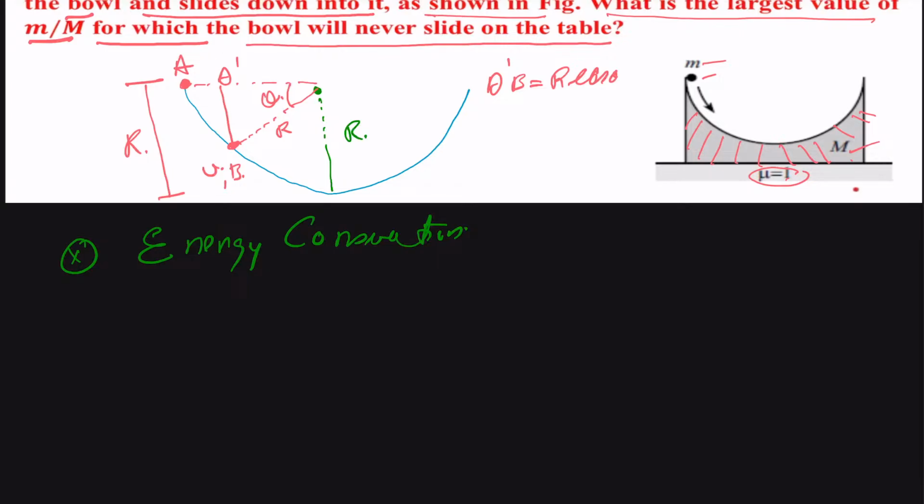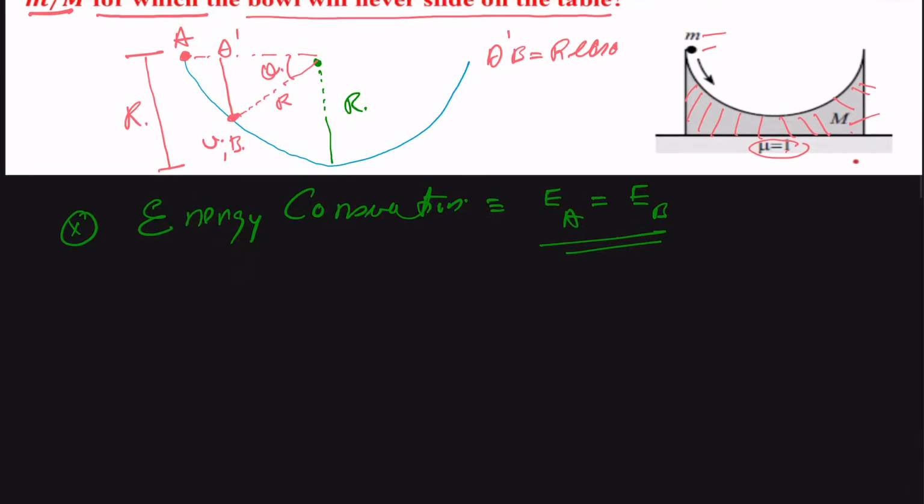Energy conservation means that energy at point A will be equal to energy at point B, and energy at A is entirely potential energy.